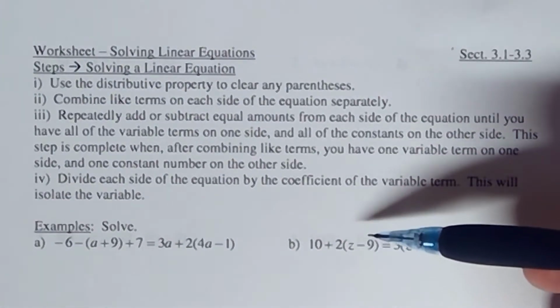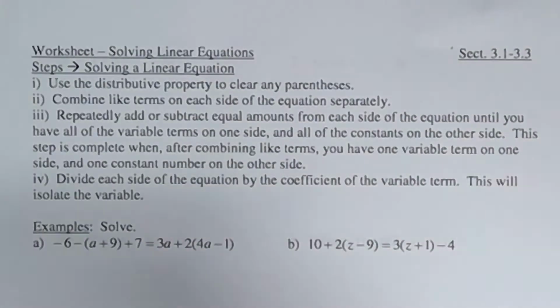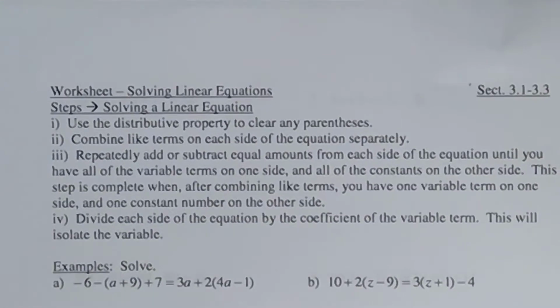In this next problem over here, the z is the variable. It's the only variable. There's not a different letter in there, and that's why we call it a one variable equation. When you're solving a one variable equation, the goal is to get that z by itself. Now, it's not enough just to get the letter by itself.